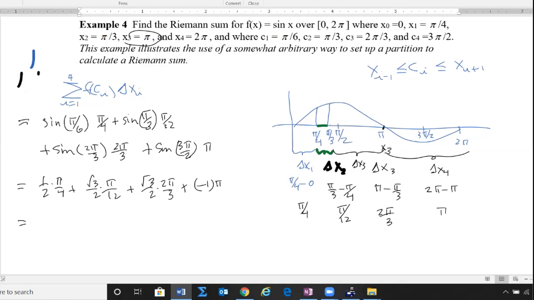It's going to be kind of a messy looking number, but we could certainly factor out a pi. Let's see, what else can we do? 2 cancels. So it looks like 12. Let's factor out pi over 12.